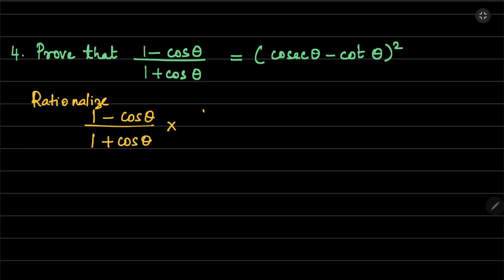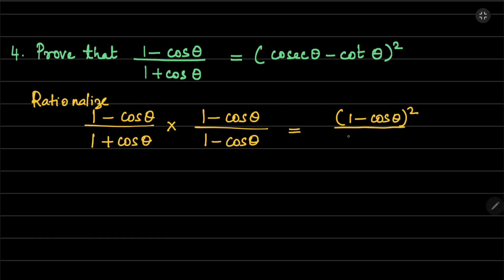So what is the reciprocal? It will be 1 minus cos theta divided by 1 minus cos theta. So in the numerator you have (1 minus cos theta) the whole square. Denominator, what do you have? (a plus b) into (a minus b), a square minus b square. Okay, so what is a square? See here, what do you need?